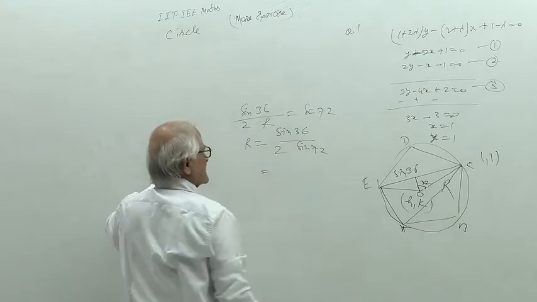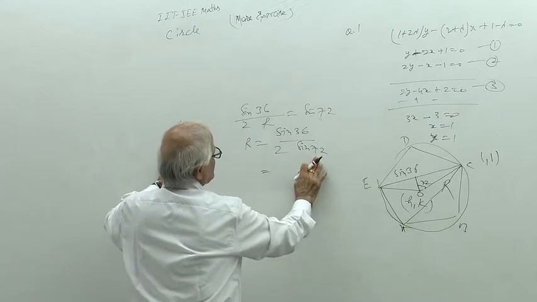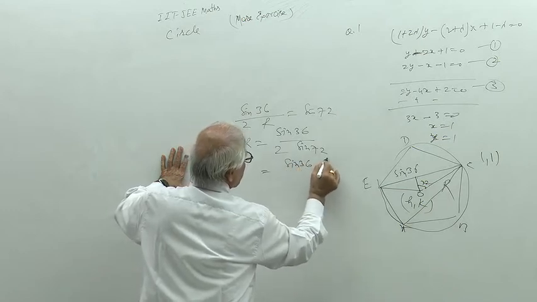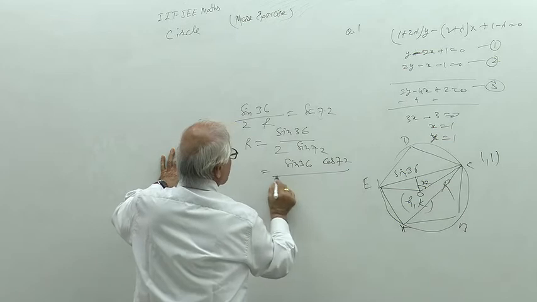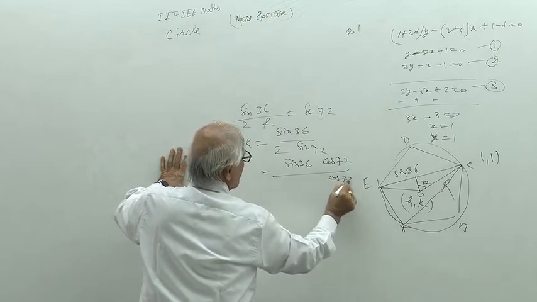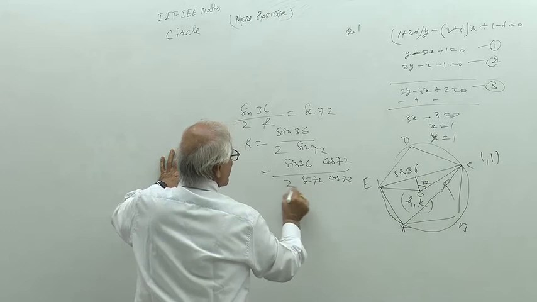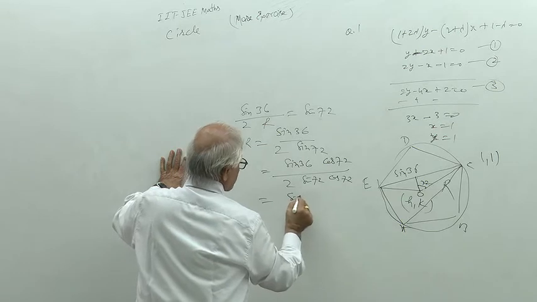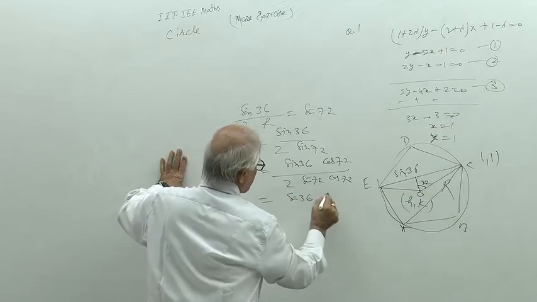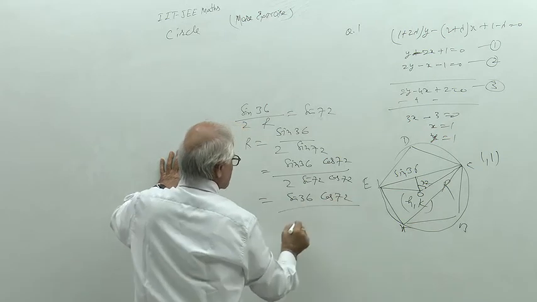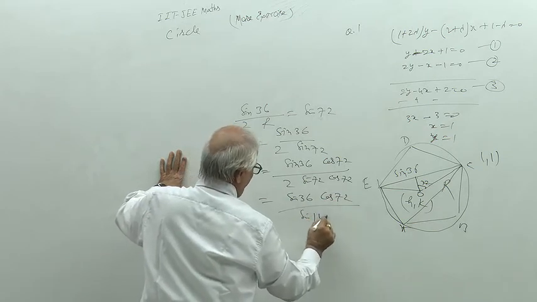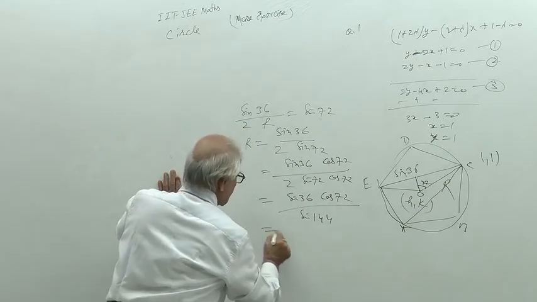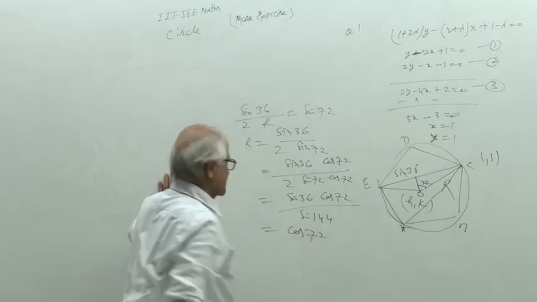Now we have sin 36 upon sin 72. We write sin 72 as 2 sin 36 cos 36, and we have this. Then what is this value? This is sin 36 upon sin 72, so only 1 upon 2 cos 36 remains.